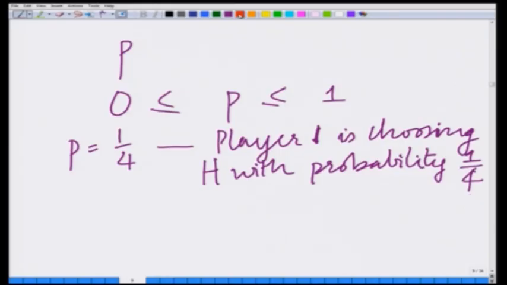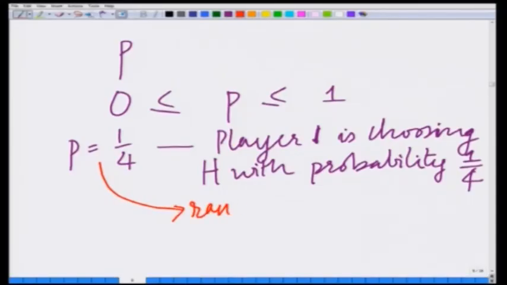That means randomly with frequency 1/4, that is, on average 1/4 of the total number of times the game is played, he is choosing heads.